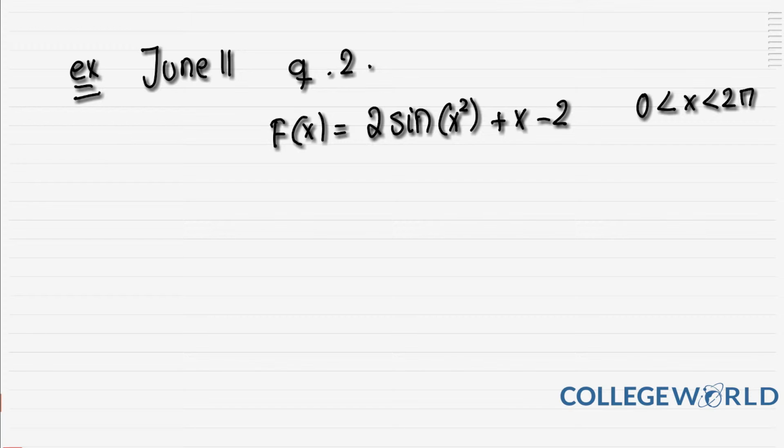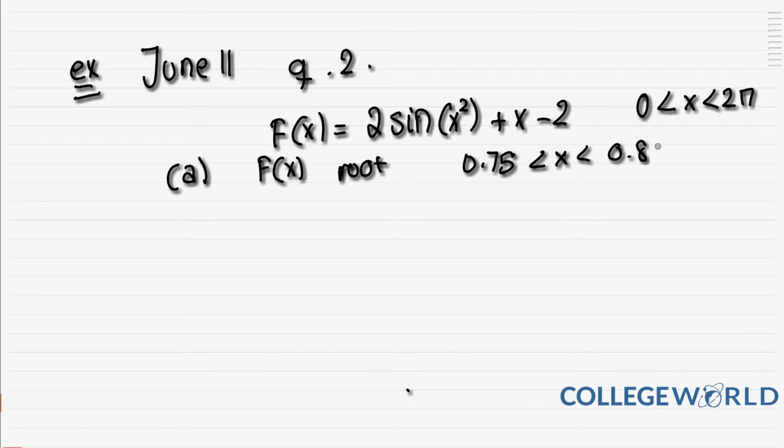So the first part of the question tells you to show that f of x equal to 0 has a root between 0.75 and 0.85. So a root where it's greater than 0.75 and less than 0.85.